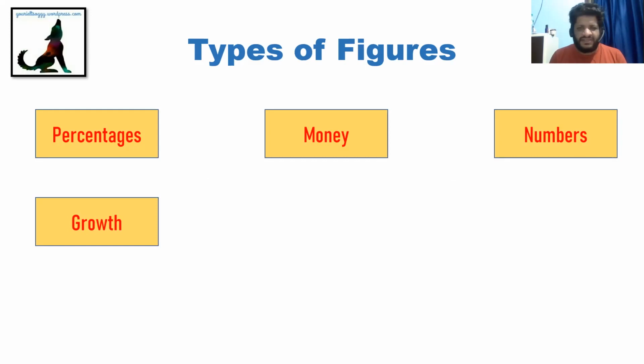It's different from the previous categories, because growth is about an increase already, and percentages, money, and numbers are there for that particular year. So sometimes students do this: suppose the graph is about growth, as in this figure has increased by this much, but what students write is that you have this figure in this year. I'll elaborate on this further in the video. You'll get to see.